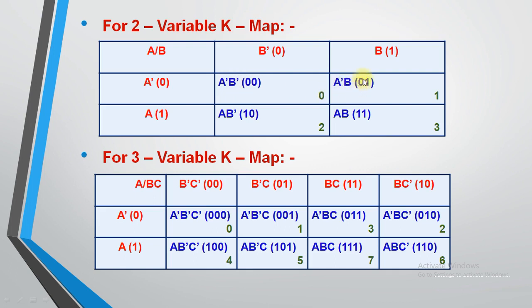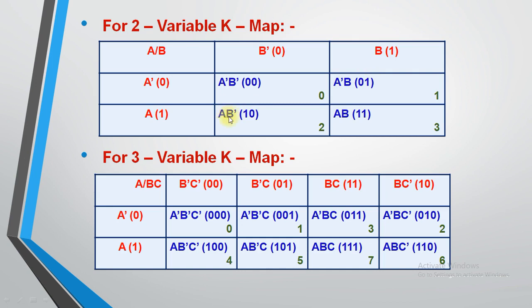The first value is the representation of the first variable, the second value is the representation of the second variable. So 0 is the value for the first variable, which is represented by dash, so A dash B. Why is B written over here? Because the value of B is 1.